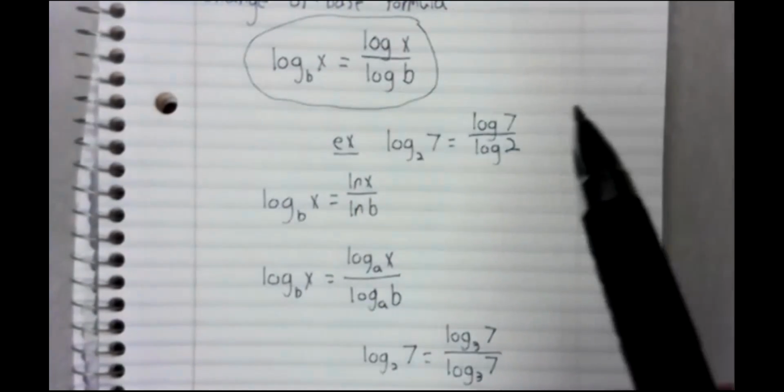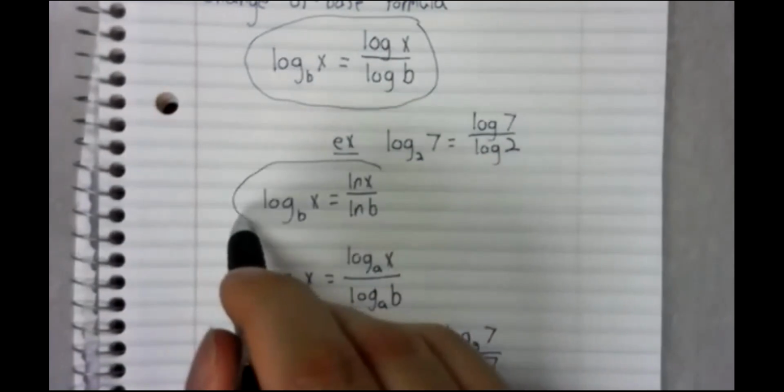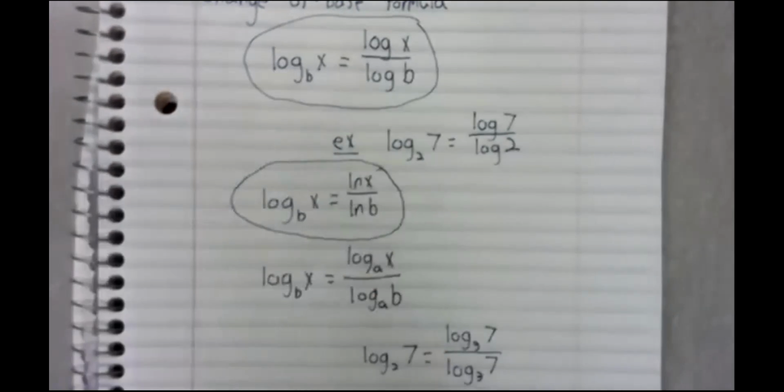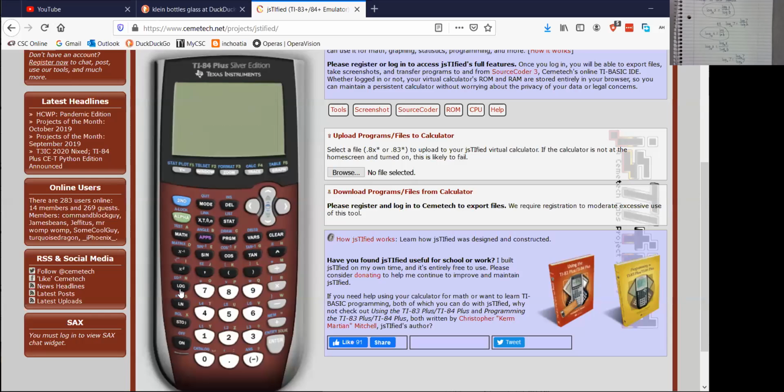So the point of this conversion is that the common logarithm and the natural logarithm appear on every iteration of the TI-83 or the TI-84 calculator.